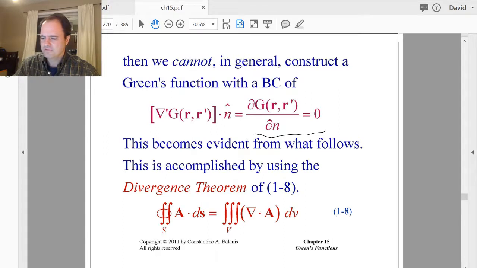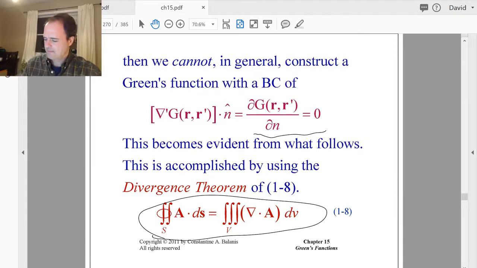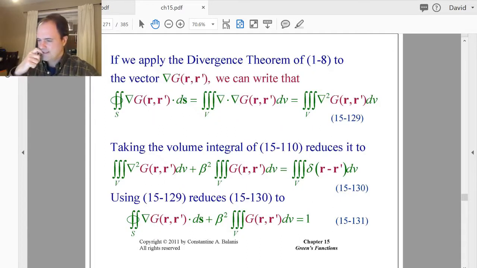So we do that by saying this becomes evident from what follows. This is accomplished by using the divergence theorem. So we start with this right here, the divergence theorem, and we apply the divergence theorem to del G. All right, del G, that vector, and we get this right here. So we take the volume integral of the original differential equation, and so this is 1 right here, all right?